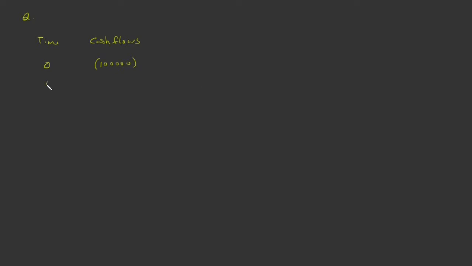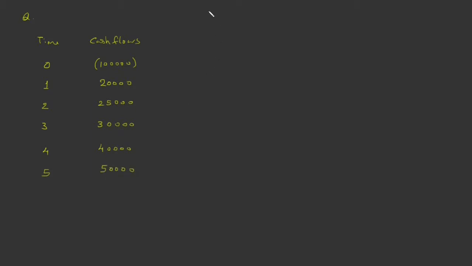At time 1, cash flow is 20,000. It is a cash inflow, so it is plus. At time 2, cash flow is 25,000. At time 3, cash flow is 30,000. At time 4, cash flow is 40,000. At time 5, cash flow is 50,000.